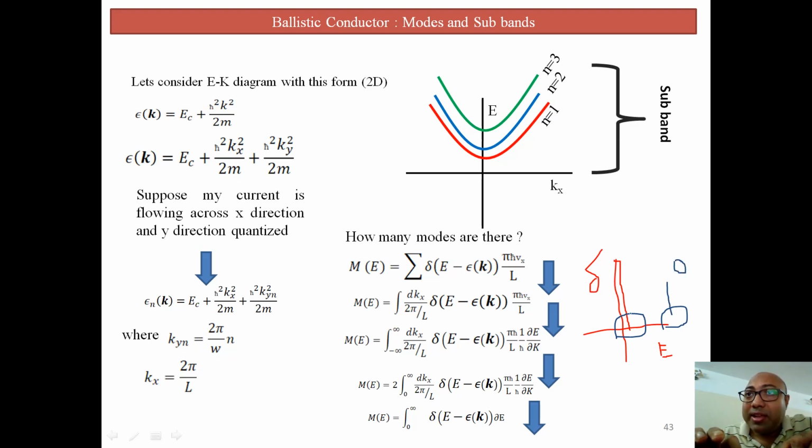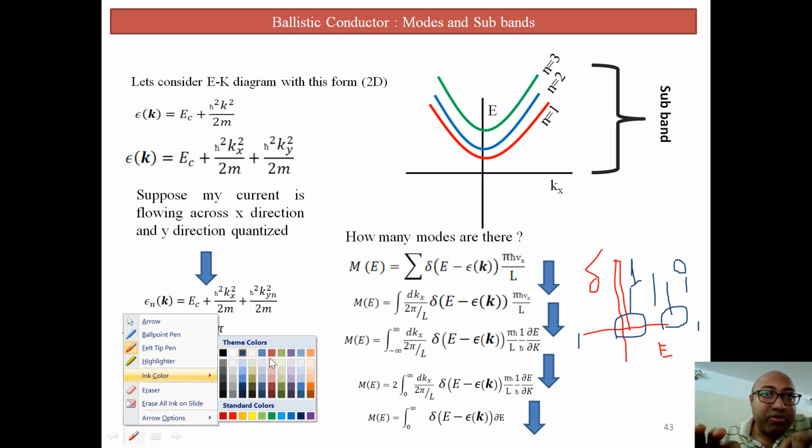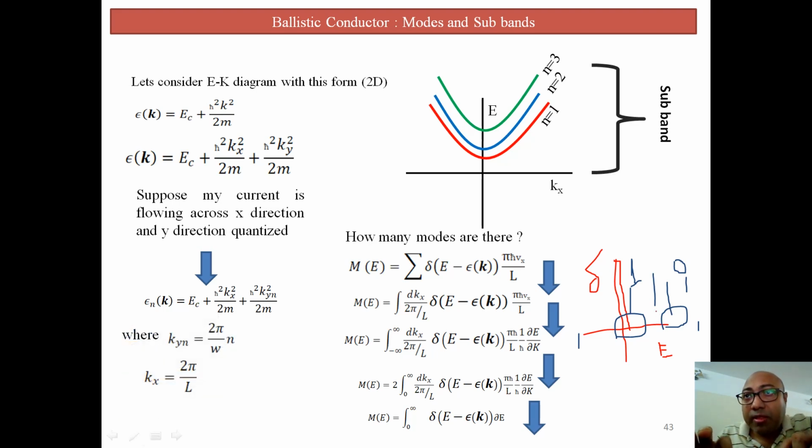You will get a 1 answer if you integrate over it. So you have to be very careful in putting the boundary condition. If you put a boundary condition from here to here, you will get the value 1. But if you put a boundary condition from here to here, this integral is 0, because my delta function is here and you are putting the boundary condition elsewhere, so definitely this is 0.